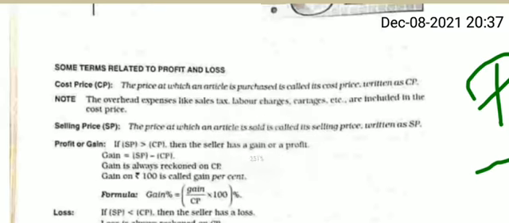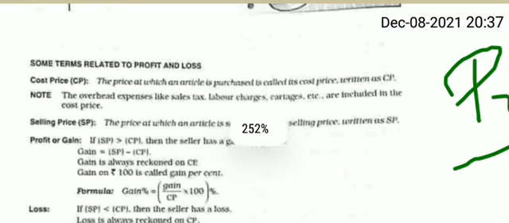So students, in profit and loss, here some important terms are needed that you have to memorize. Number one is CP. CP means cost price. Okay, so what is cost price?